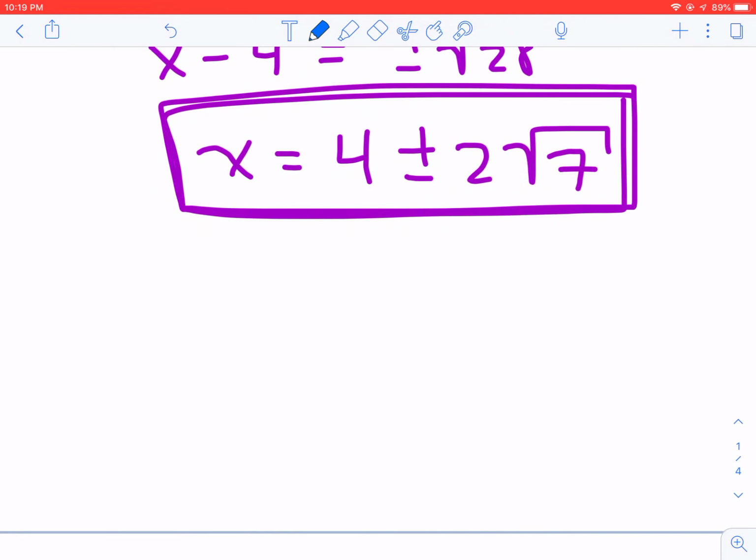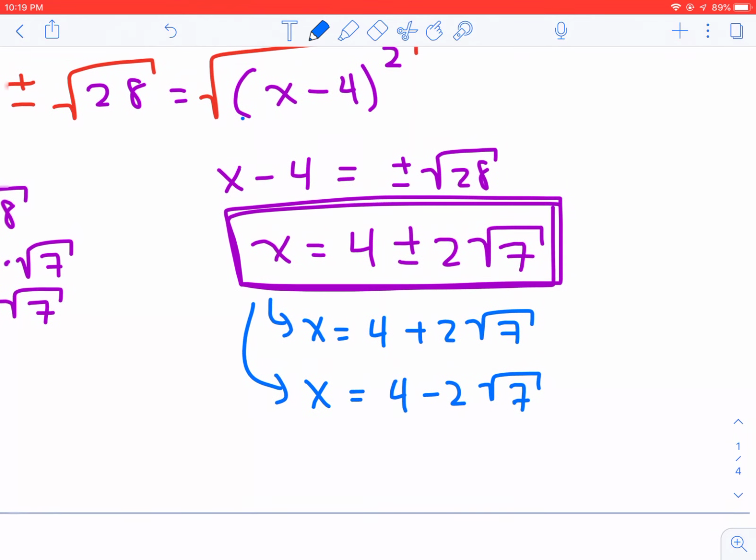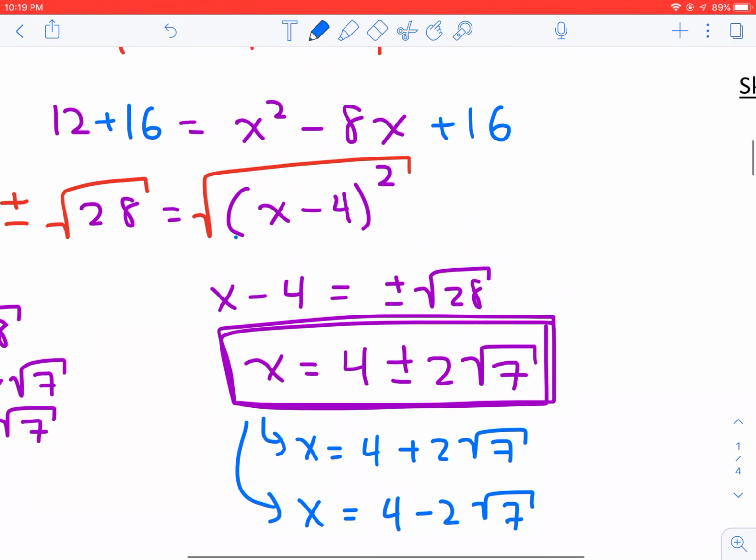So this is really two solutions. This is really x equals 4 plus 2 square root of 7, and also x equals 4 minus 2 square root of 7. These are the exact answers which they asked for.